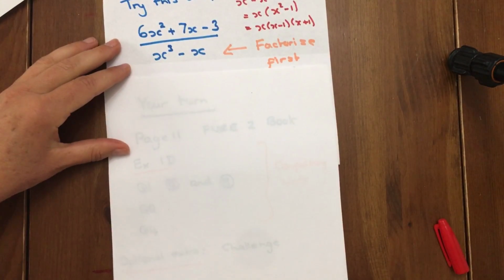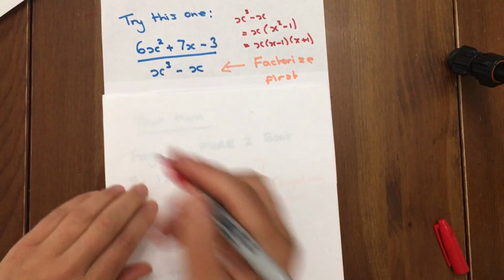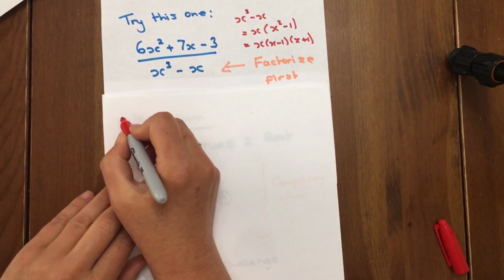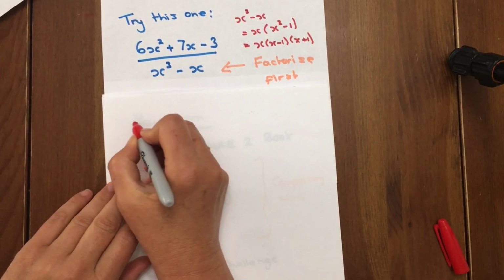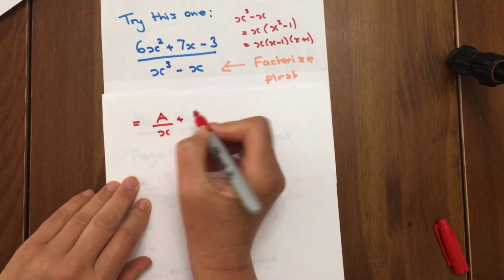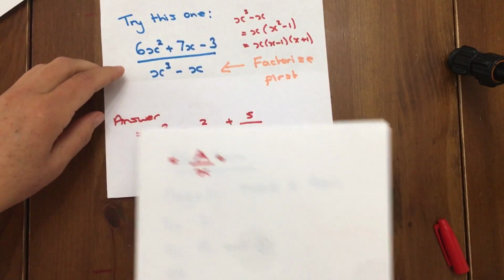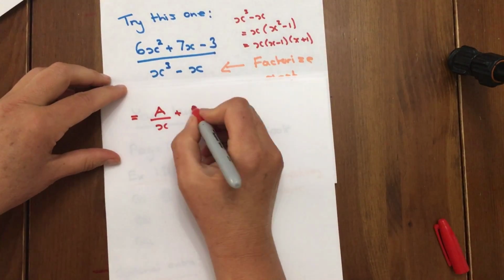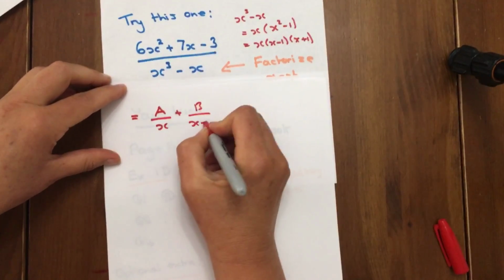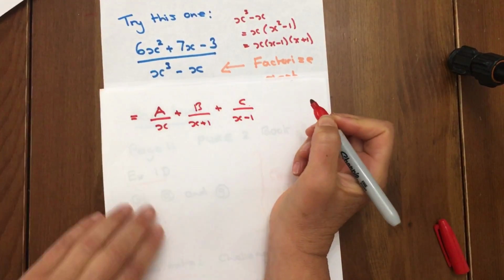So, what do I do first of all? Okay, so I'm going to put it equal to A over x plus B over x plus 1 plus C over x minus 1.